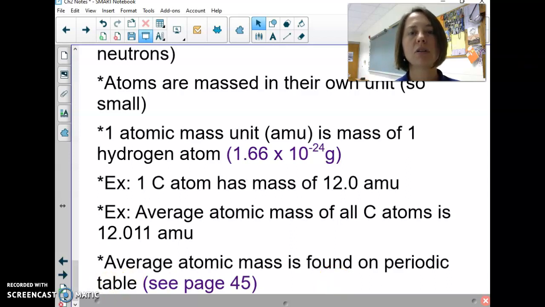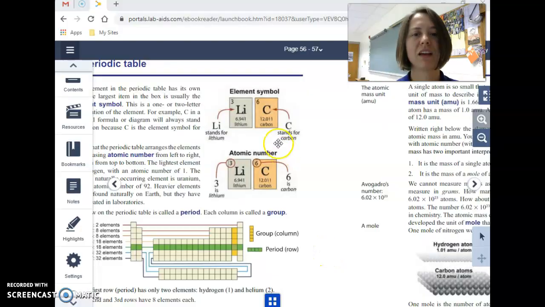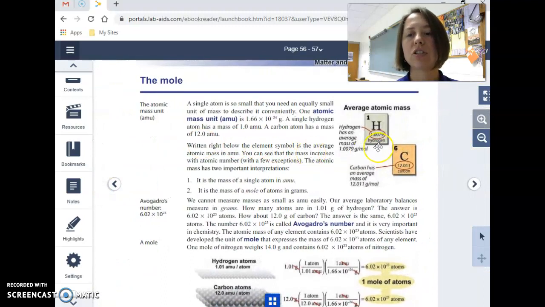And this number is going to be really helpful throughout the year, so let's take a look at that. So for example, lithium has an average atomic mass of 6.941 atomic mass units, and we know that carbon has an average atomic mass of 12.011 AMUs. Hydrogen has an average atomic mass of 1.0079 AMUs, and I think you get the point.